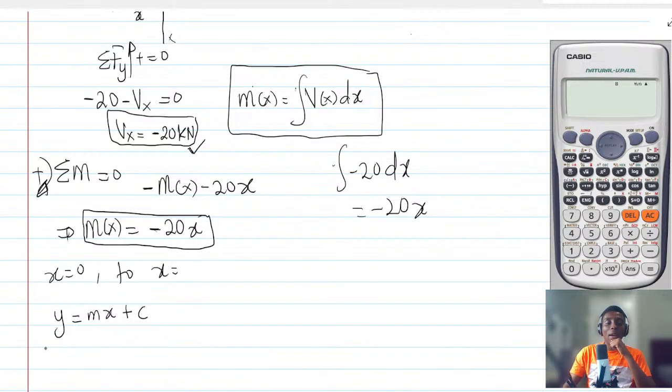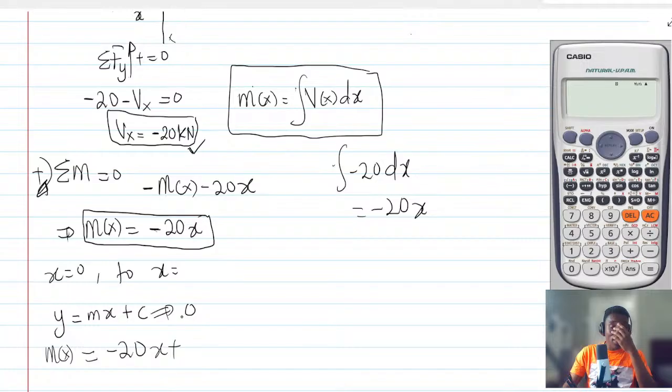This time around, the y is the M of x, that is the moment function, and then the -20 that you see is like a slope, and the x plus c, and the c is the intercept, the point where the line cuts the y-axis.